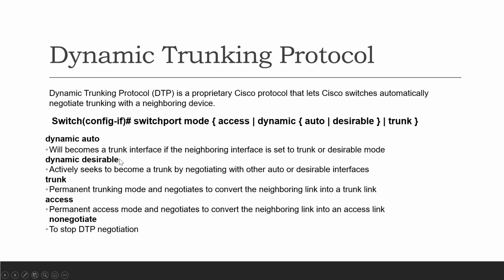That will enable DTP negotiation. Dynamic auto means the interface is capable of being a trunk link, but it relies on the other side of the link to decide whether it ends up as a trunk link or access port. Dynamic desirable means the interface is capable of becoming a trunk link. It is also willing to become a trunk link.